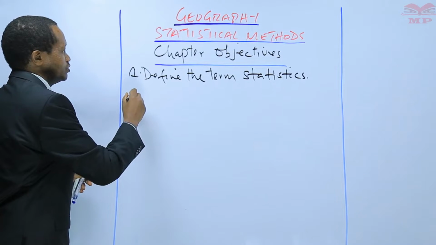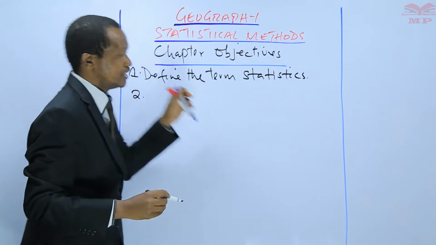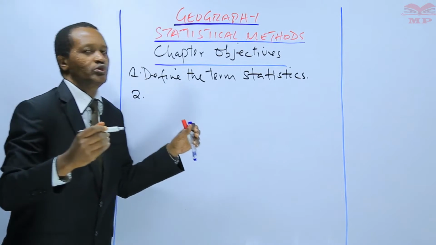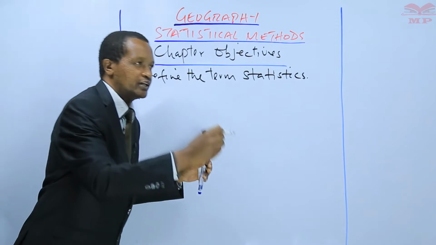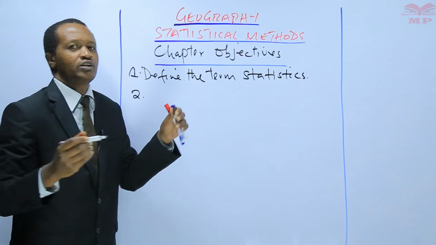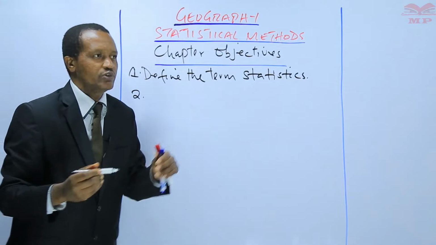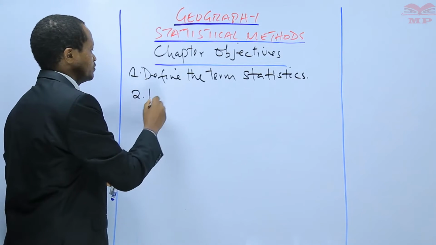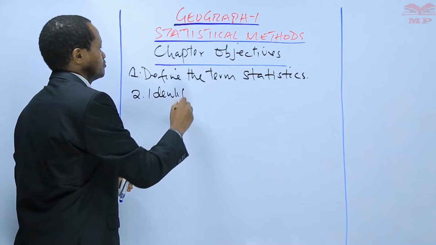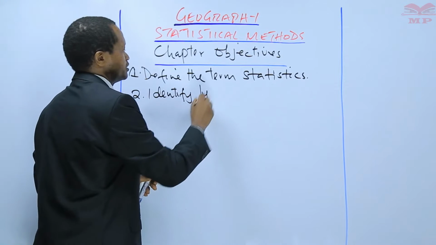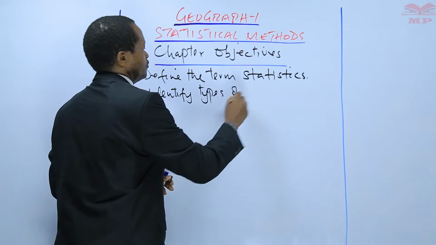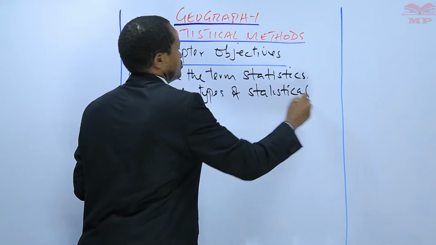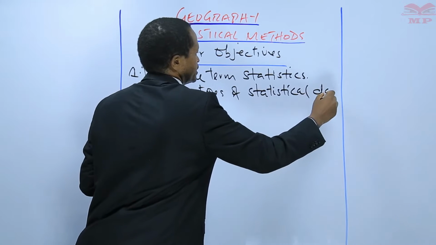Number 2, learners, by the end of this chapter, you should be able to identify types and sources of statistical data. Identify types of statistical data.